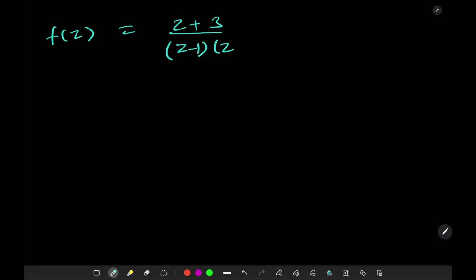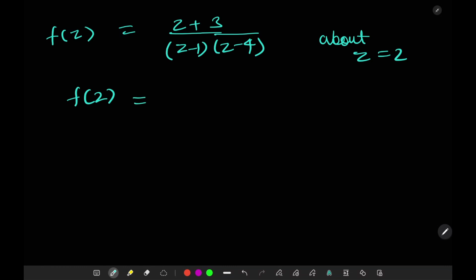Let's do a question on Taylor series. f(z) is given and we need to expand about z equals to 2. So first of all we find f(2).